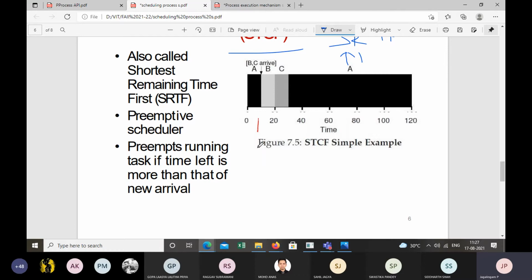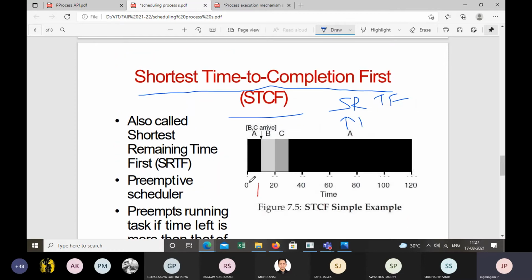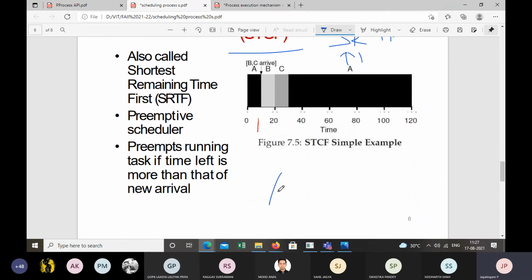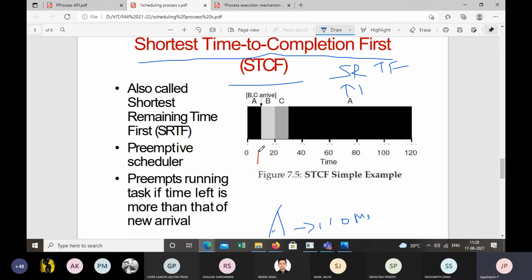Okay. So now at time t equal to 0, which process comes to the system? A. Good. Let's say the process A needs a total of approximately 110 milliseconds.